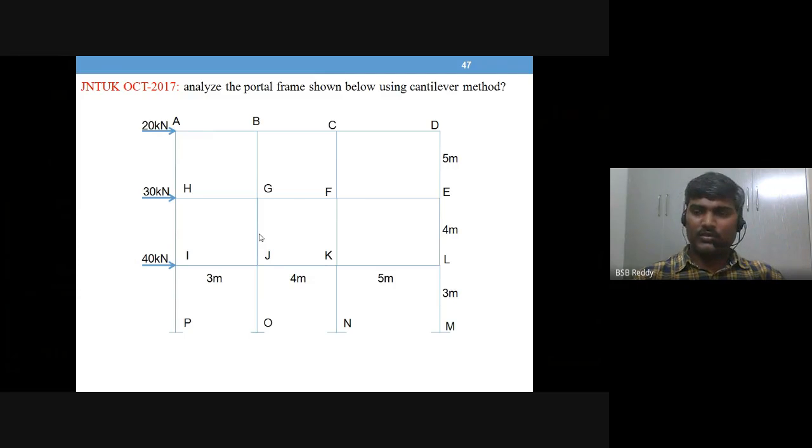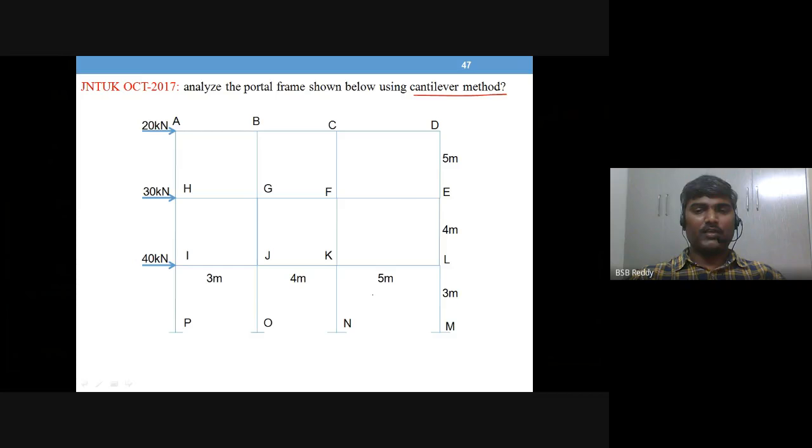So this is the example problem that we are going to solve. This is one of the questions from the university question paper. It appeared in October 17: analyze the following frame using cantilever method. So look for the method which one is asked. There are lateral loads applied at each floor level.